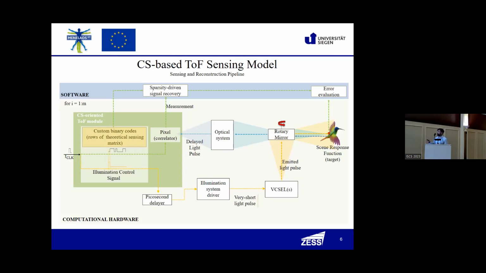Then we send the signal, and in order to cover the 360 degrees, we use a rotary mirror. Then it interacts with the scene, comes back, and then the lens sees the pulse and it is correlated in the pixel. We obtain a measurement, and then on the software side, we use sparsity-driven algorithms to recover the scene. We repeat this process again and again until we have enough measurements and the error is sufficiently low.